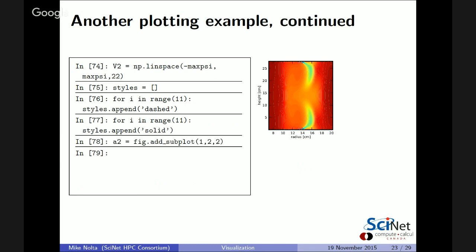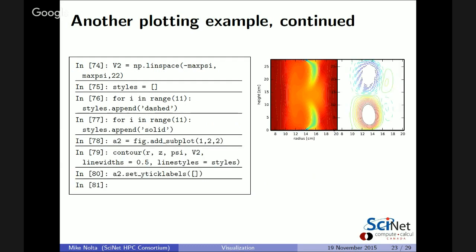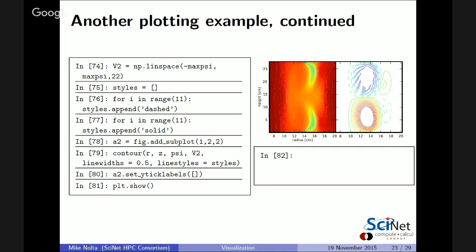Okay. But now I don't want that. You notice they're both the same, the Y labels. I don't want these. They're messing up the plot. I don't want these Y tick labels. So I'll just set the Y tick labels to the empty list.